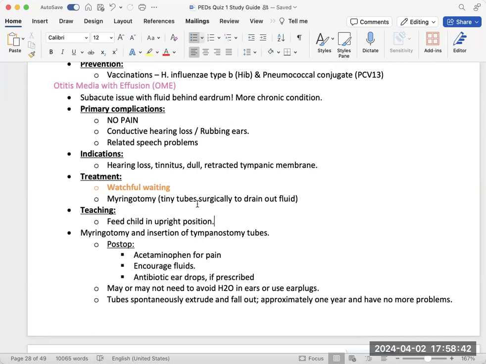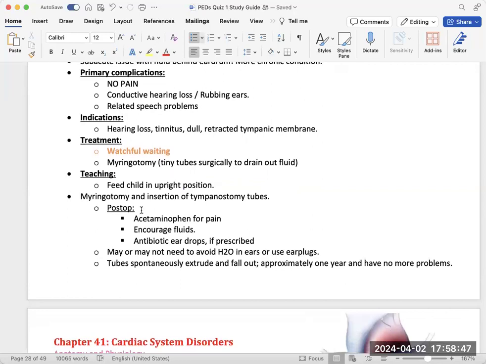Another thing is that if they have the myringotomy, sorry, I know I'm not saying it right, they're also going to have the insertion of what we call tympanostomy tubes. So they're going to get these little tubes that they're going to put in their ear to help remove the fluid. And postoperatively, they're going to give pain medication, right? Encourage fluids and also give antibiotic ear drops potentially because they just put tubes in the ears.